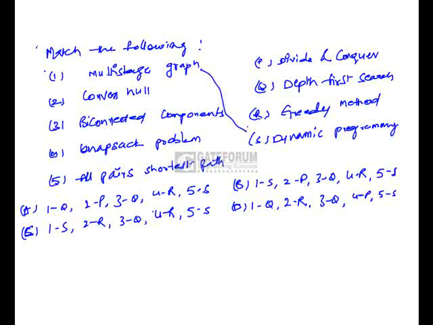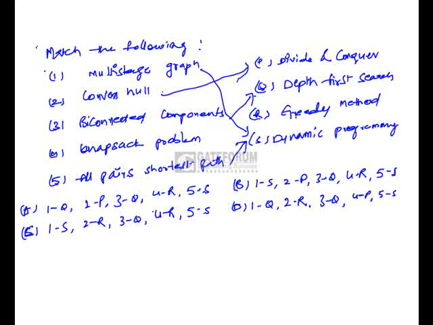So both 1 and 5 map to S. And we solve the convex hull problem by following the divide and conquer approach. And for finding biconnected components, we use depth first search. So 3 maps to Q.